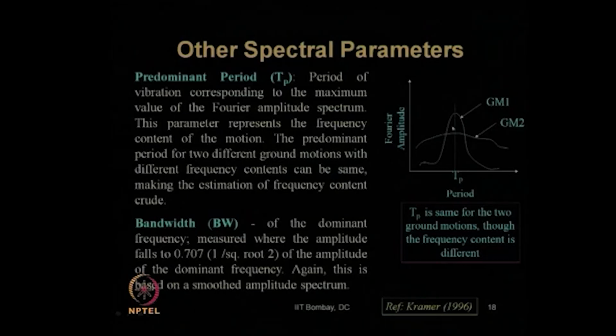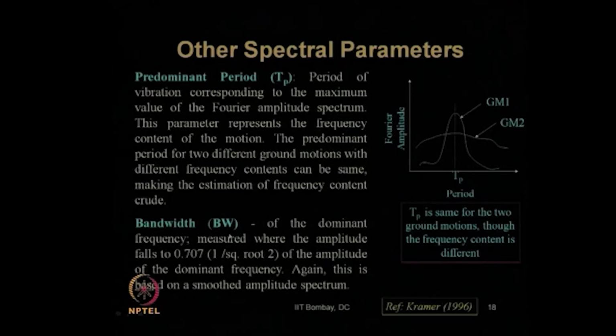That means, if you plot this in logarithmic scale, the frequency contents are quite different, but the predominant period where the maximum value occurs is the same. That is why you have to use combinations of these various spectral parameters to identify the nature of any earthquake motion, not only in terms of maximum amplitude, but also in terms of frequency content.